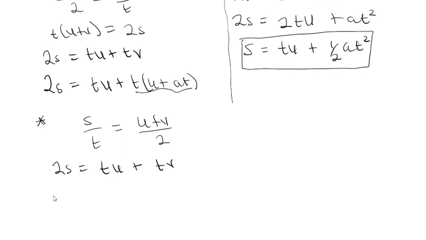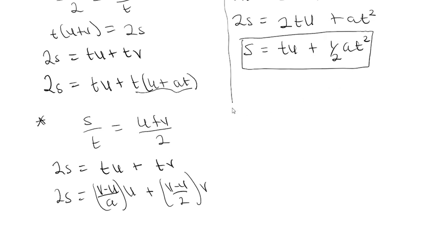So 2s will be equal to v minus u divided by a, times u, plus v minus u divided by a, times v. All right. So let's take it here.